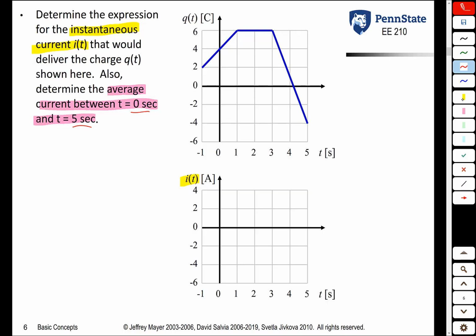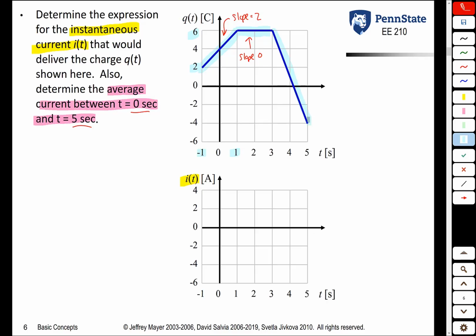Okay, instantaneous current is nothing more than a derivative. So basically we need to take the derivative of this figure on top to get the instantaneous current. Well, we notice between the time -1 and 1, we have a straight line with a slope. What is the slope? Well, let's see. 6 minus 2 is 4. 4 divided by 2 is 2, so this is going to have a slope of 2. This line segment has a slope of 0.